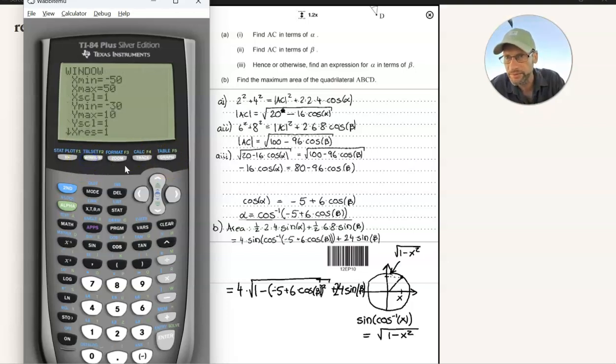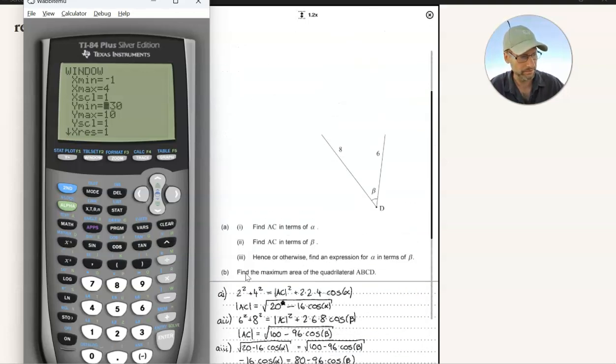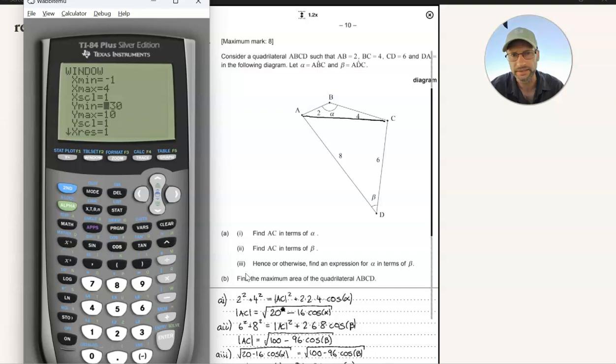So we go to the window menu, and the x's, they're probably from 0, so I go -1 just to have the y-axis, to pi, so let's just go to 4. And the y-coordinates, well, what do I expect the area to be? If you look at this diagram, if you just take a rectangle with sides 8 and 6, then the area is smaller than 50.